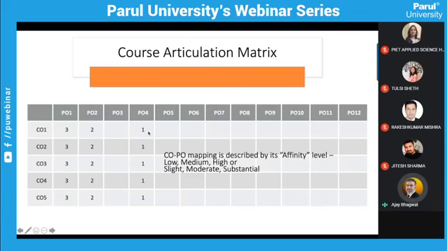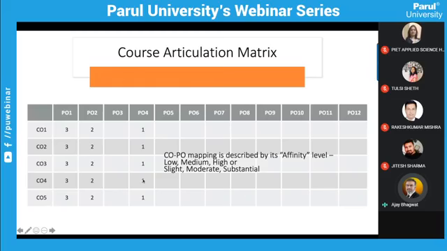Now here the PO4 may be from the skill category of the POs, and these 2 POs may be from the knowledge category of the POs. So it means that this course is also delivering some part of procedural knowledge, skill related things, right? So this very easily we can identify.